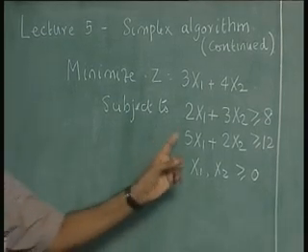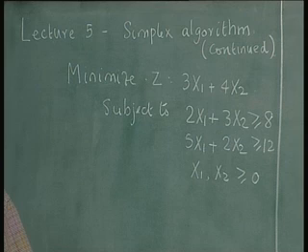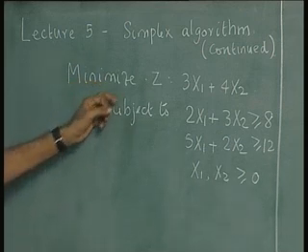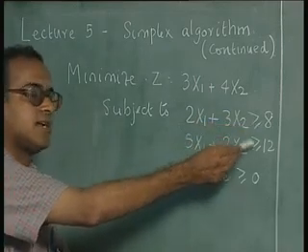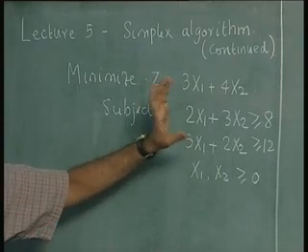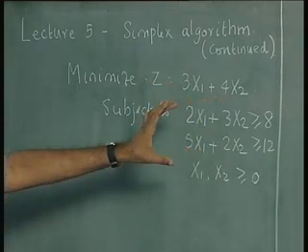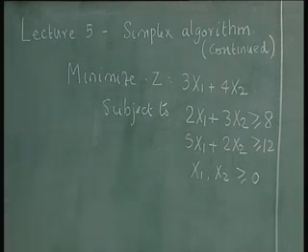Now, this is also a linear programming problem, but this is different from the two examples that we have considered. Both the examples had a maximization objective. More importantly, both the examples that we considered had constraints that were of the less than or equal to type. Now, we are looking at a problem which has constraints of the greater than or equal to type. Now, as we did in the previous example, we will convert these inequalities to equations.